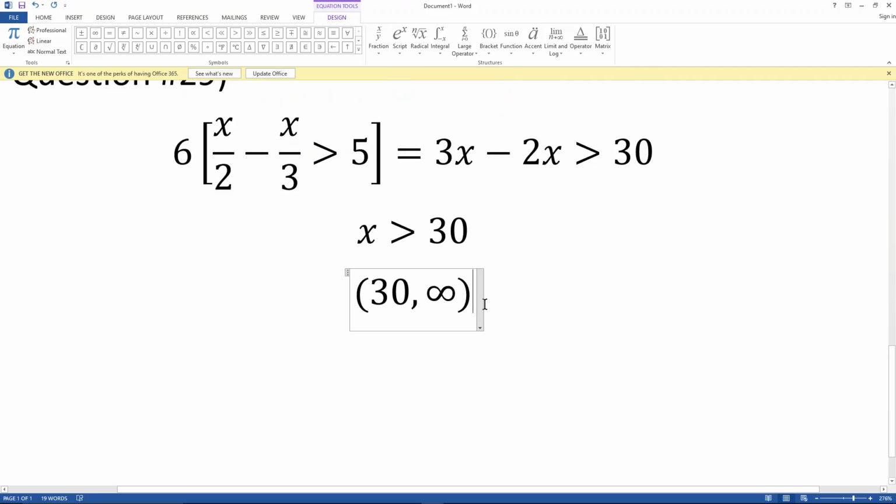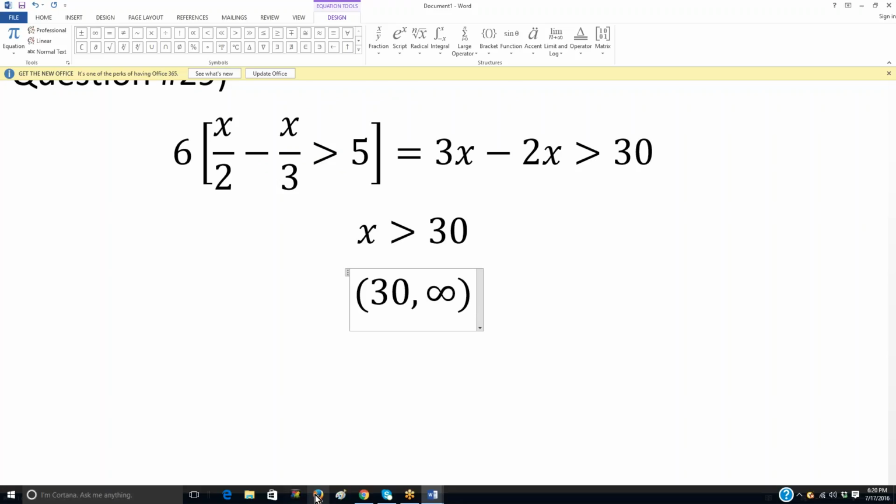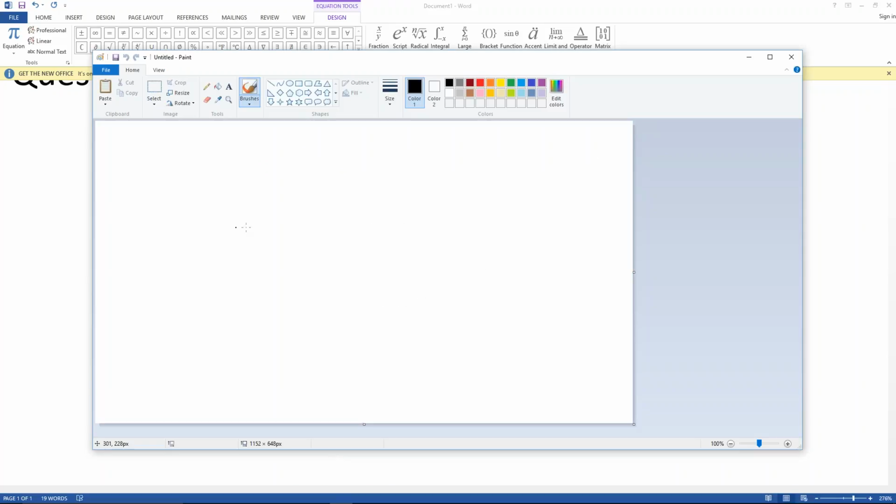And graphically, let me draw it on paint. Here's 30. And it's an open circle.